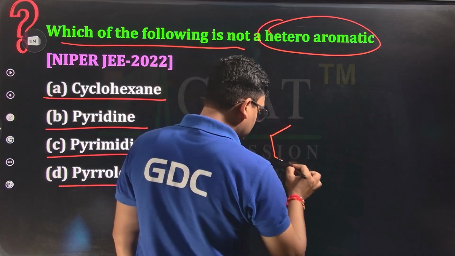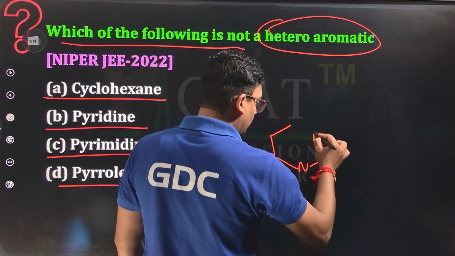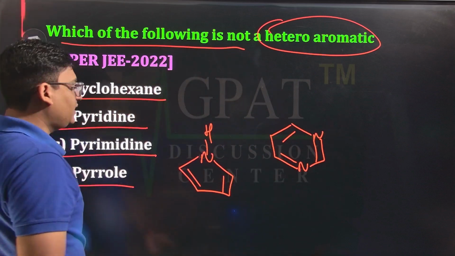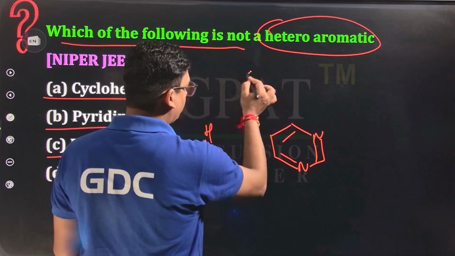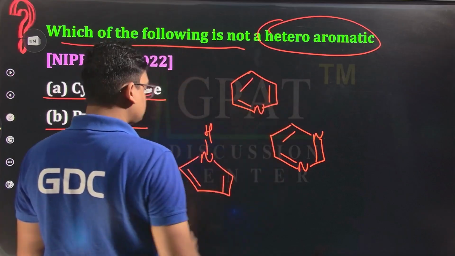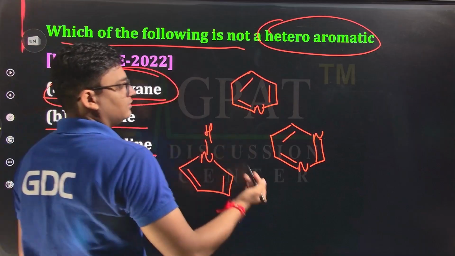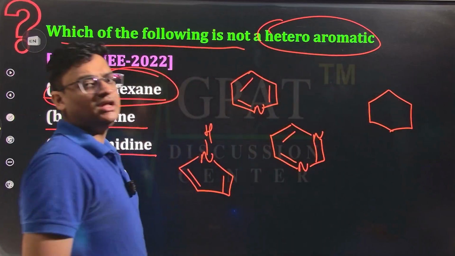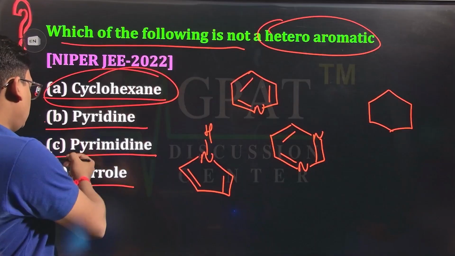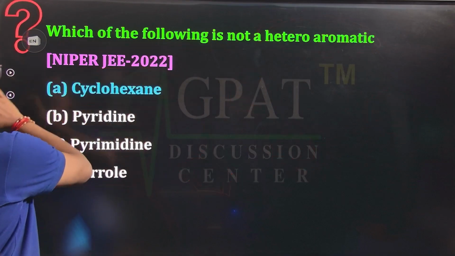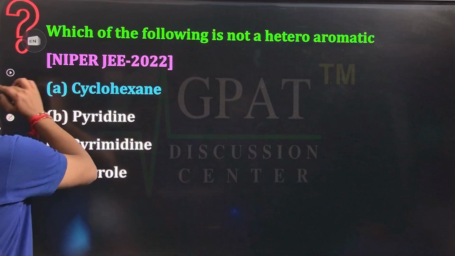Pyrimidine has nitrogens at 1 and 3. So this is pyrimidine, an aromatic ring. Pyridine is also an aromatic ring. But cyclohexane is having just this. So how can it be aromatic? Not at all possible. These three are heteroaromatic, but this is a non-aromatic structure. So A is the right answer.